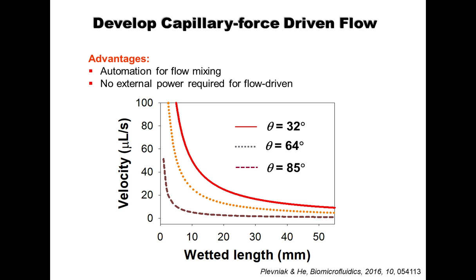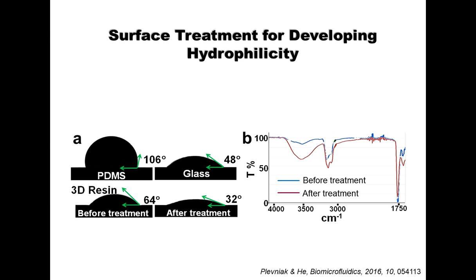We studied different flow speeds at the wet length along different contact angles. We can treat the 3D-printed microfluidic channel to be superhydrophilic with a contact angle around 32 degrees, so you can see it can drive the flow very quickly into the microfluidic channel. This treatment can be simply realized by introducing the solution to go through the silane reaction.